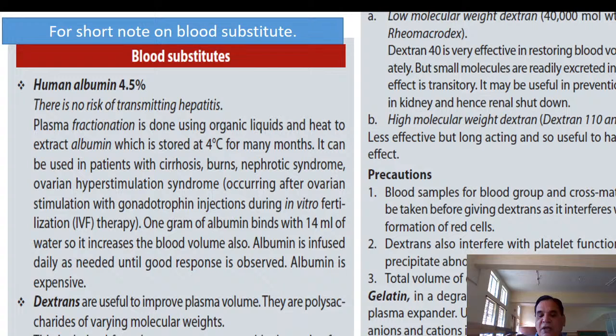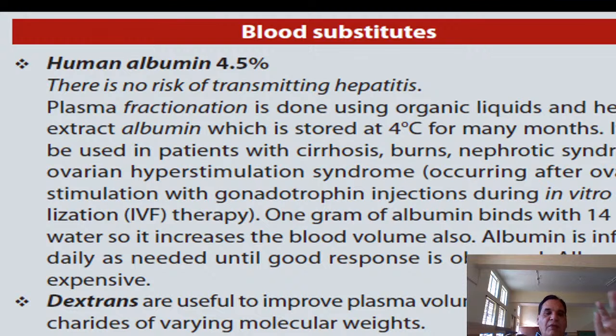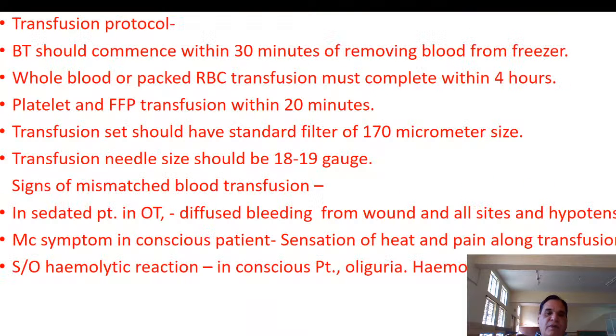Then hydroxyethyl starch, which also contains starch and sodium hydroxide. Here the whole purpose is maintaining the blood volume. Blood substitutes are there to maintain the blood volume. Commonest are human albumin, dextran and Hemacil. Write down these 3, that is enough.